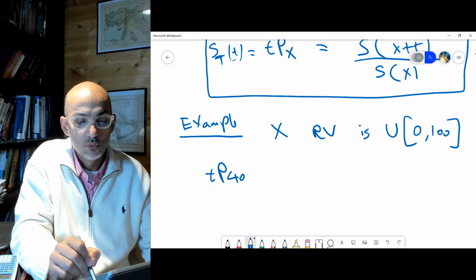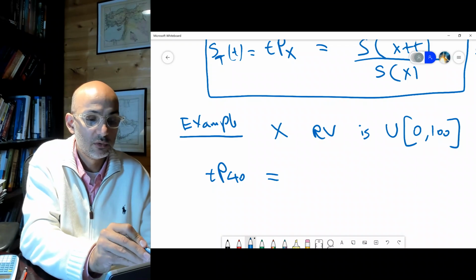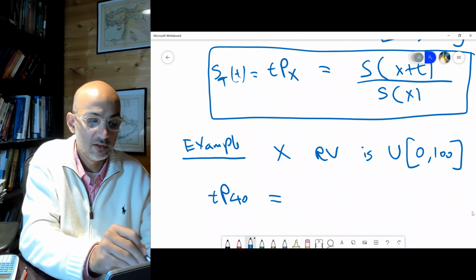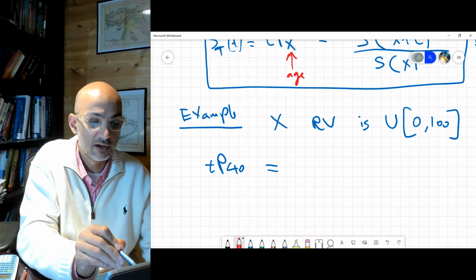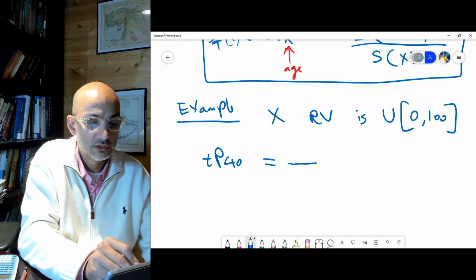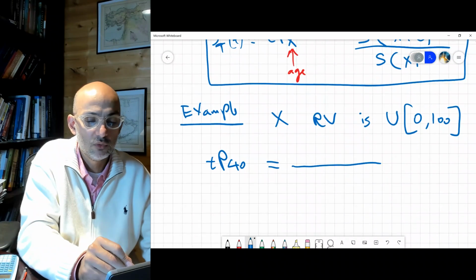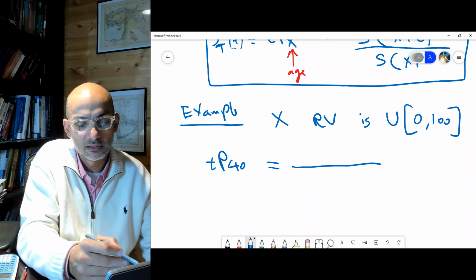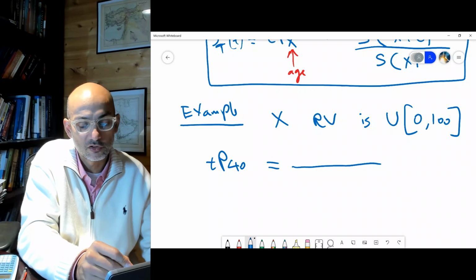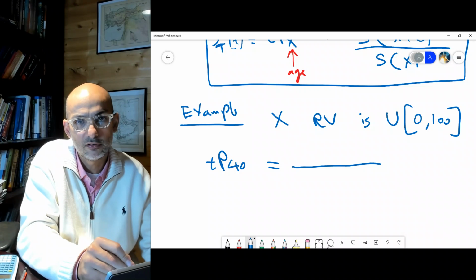tp40. We can immediately define it because we know tpx. The x, as I said, is usually the age, the new age that the person survived to. Because it's conditional, survive to age 40 is the condition.